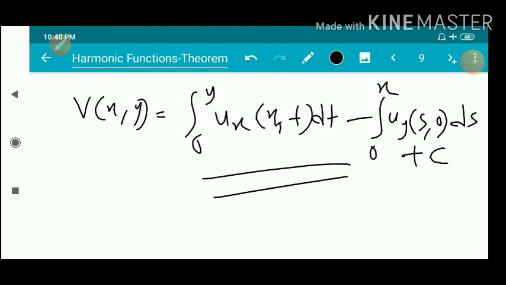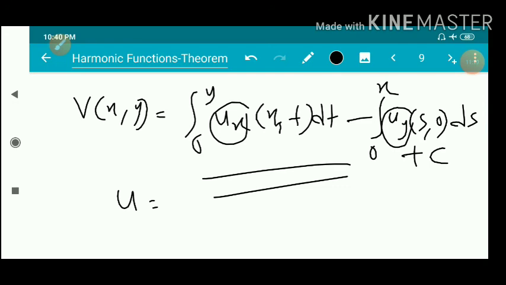So u is already given, so we can find ux and uy. So we can integrate ux from 0 to y and uy from 0 to x. We get the value of v of xy.